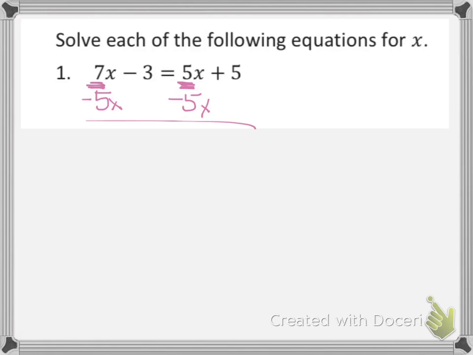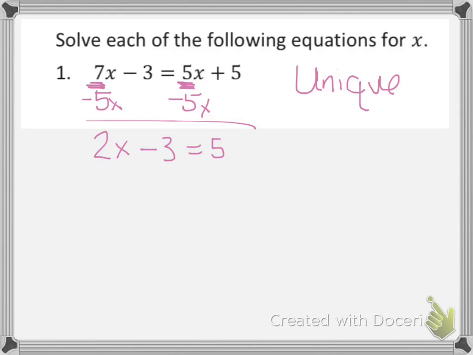So 7x minus 5x is 2x minus 3 is equal to 5. And I know that I can isolate x and it will tell me what it's equal to. So this has a unique solution. I'm going to make myself a note that this is unique.